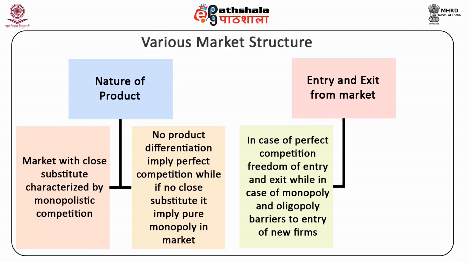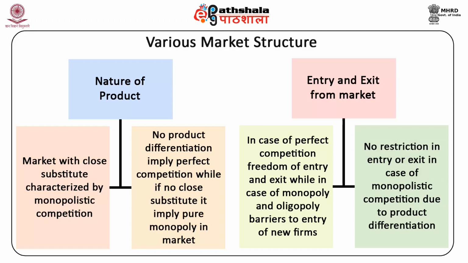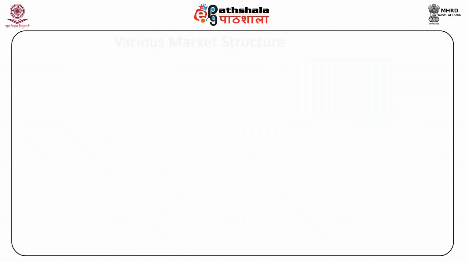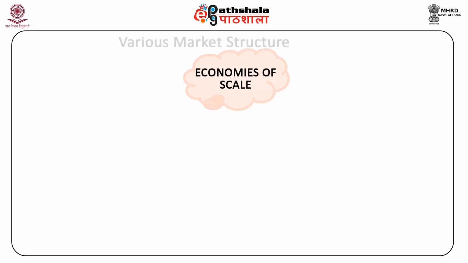In oligopoly markets, there are barriers to entry of firms because of collusion, cartels, etc. On the other hand, there are no restrictions in entry and exit of firms in monopolistic competition due to product differentiation.